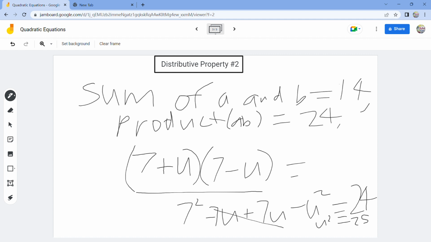24. So u squared is obviously 49 minus 24, which is 25, and then u is plus or minus 5, guys. So it can be either way. 7 plus 5 is 12, and 7 minus 5 is 2. But if you do minus 5, it's basically the same thing, except these two are swapped.